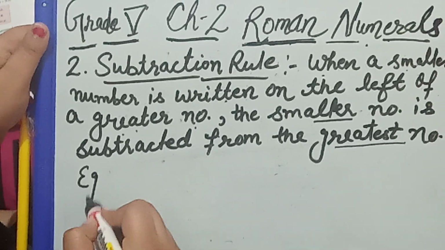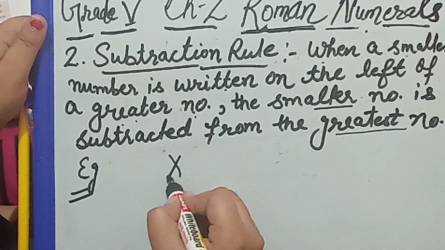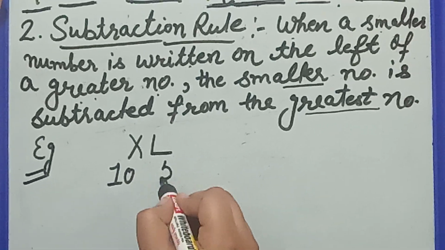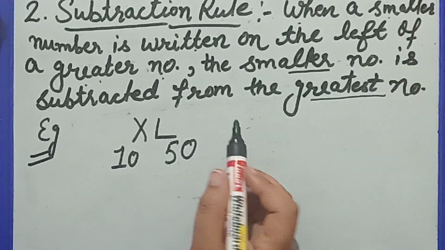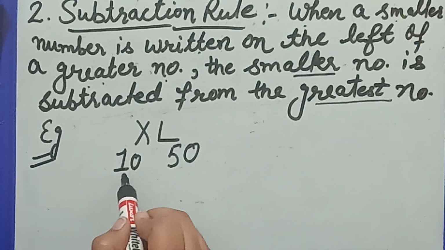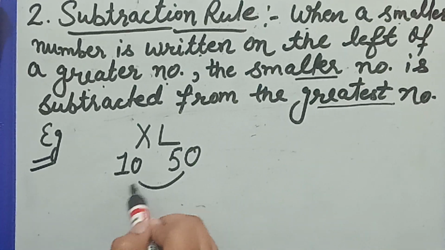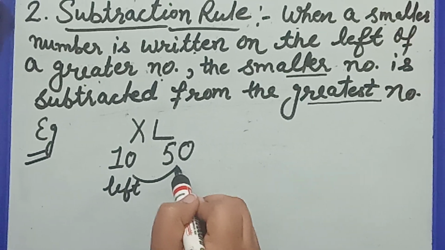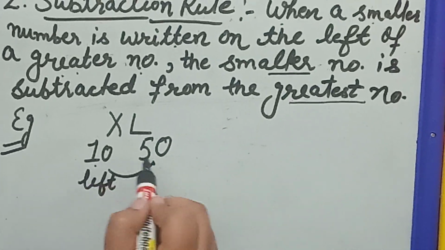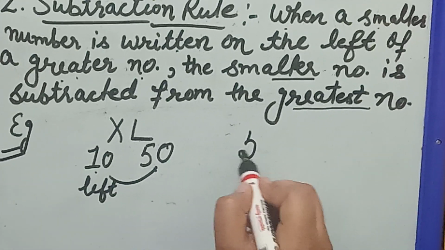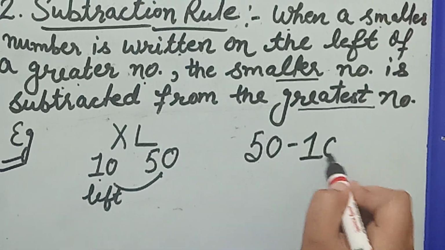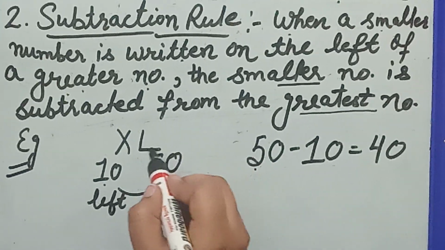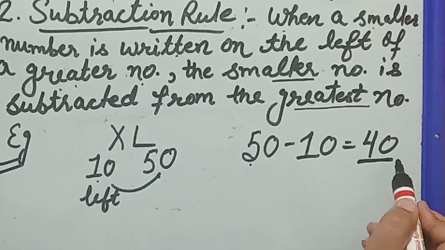For example, if I write here XL, here X means 10 and L means 50. Now as we can see, the smaller number is written on the left side of the bigger number, or I can say the smaller number is written before the bigger number. So we have to subtract the smaller number from the bigger number. So the answer here will be 50 minus 10, 40. So XL means 40.